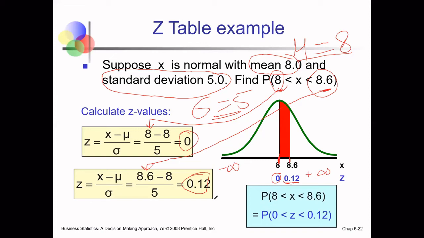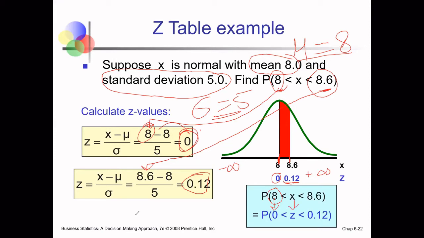Exactly. So the next step is we are just converting x to z. We have a value of x as 8, and you have converted the value 8 to z, like 0. So just say we can use it as 0.